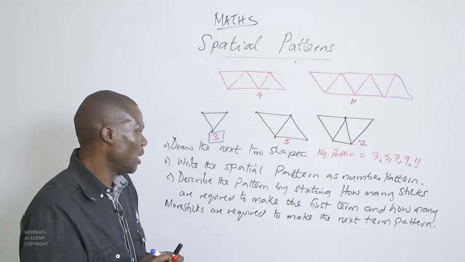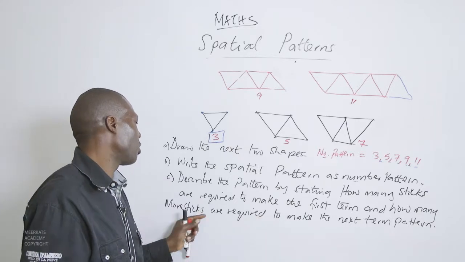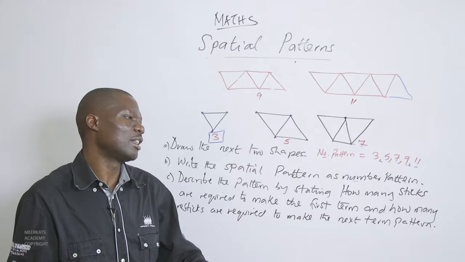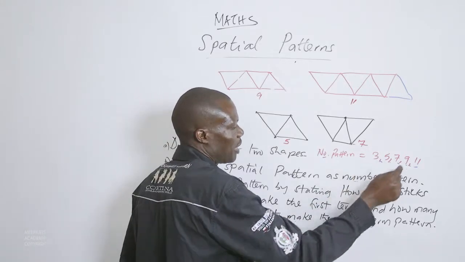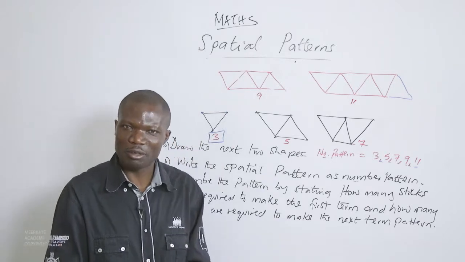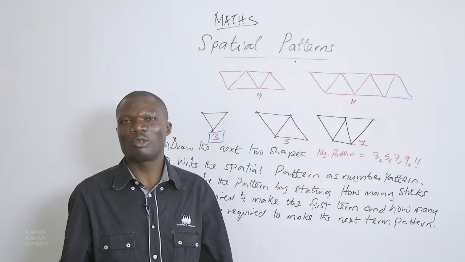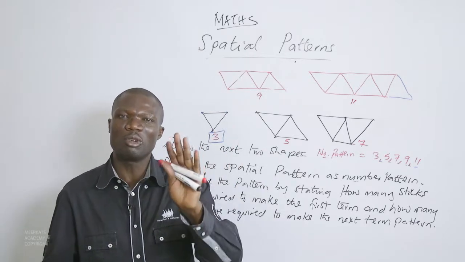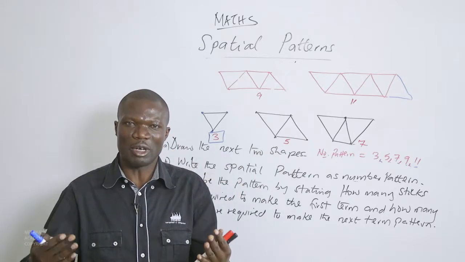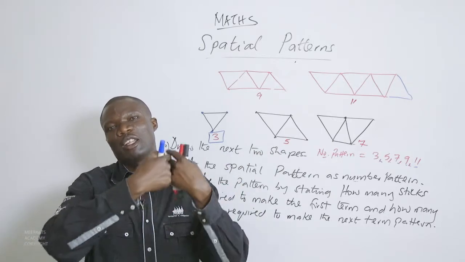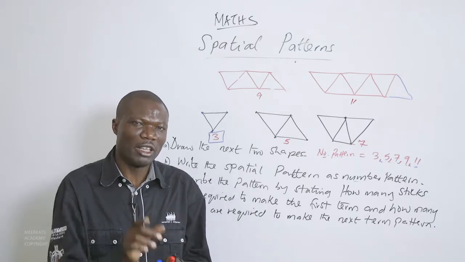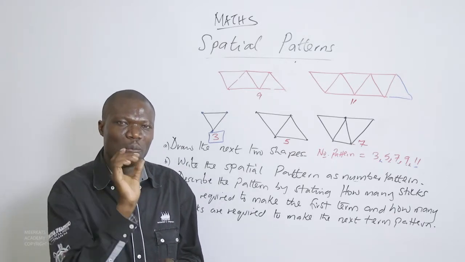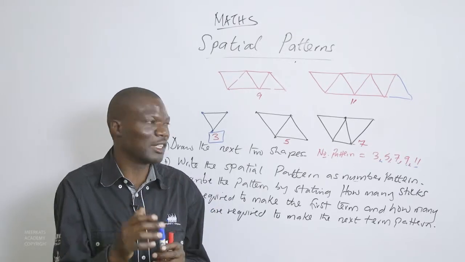Right? Then we move ahead, and how many more sticks are required to make the next pattern? Following what we have here, we want to ask ourselves, how many more sticks do we require to make the next pattern? It does not matter where your pattern comes. If we pick the third pattern, or the 6th, or the first one, there is some connectivity between the first pattern and the second pattern.